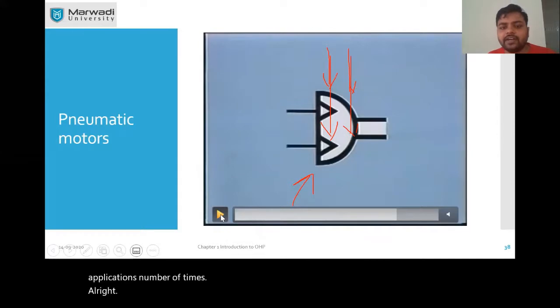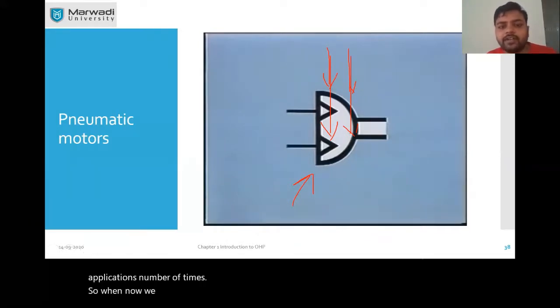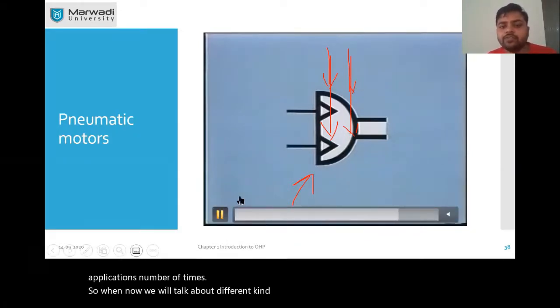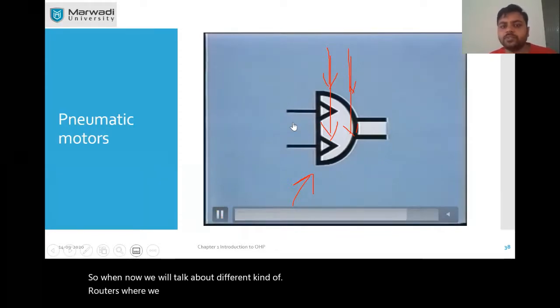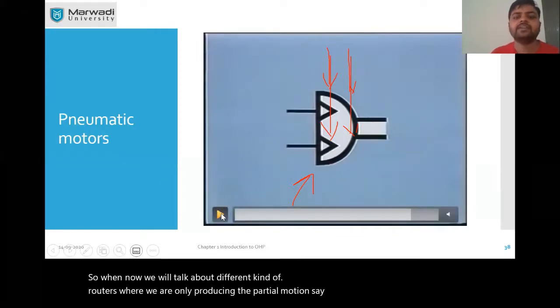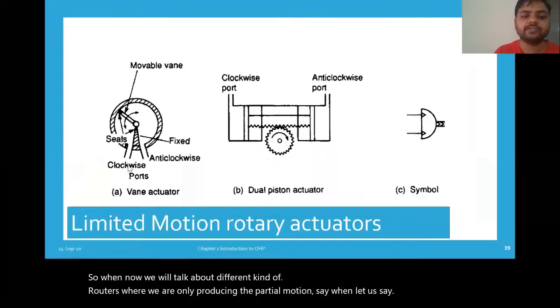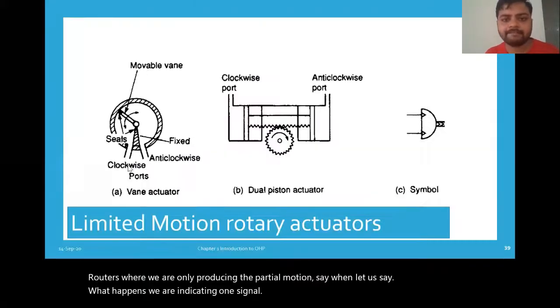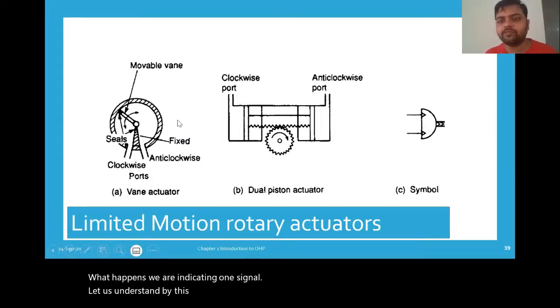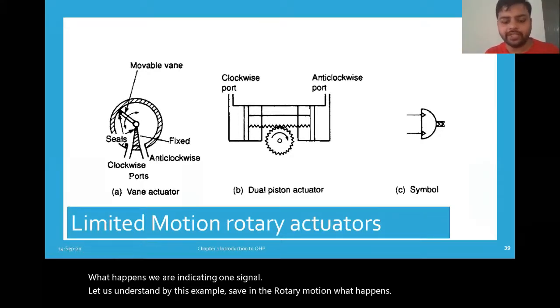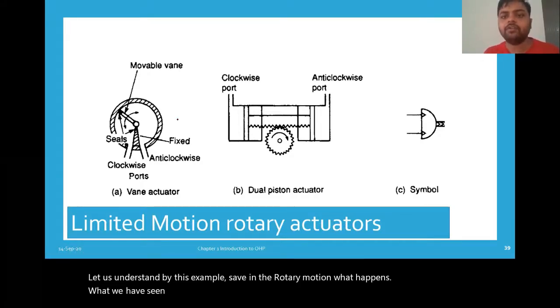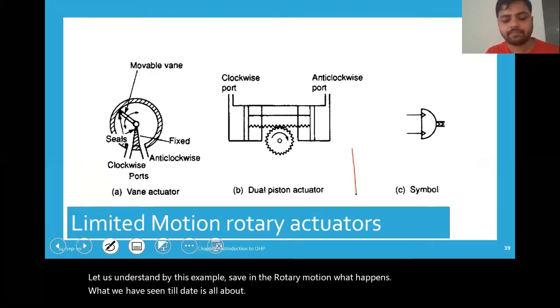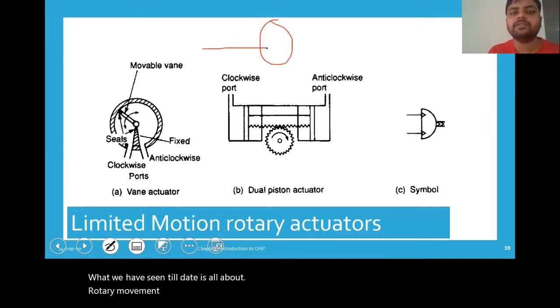Now we will talk about different kinds of rotors where we produce only partial motion. Let us understand by this example. In the rotary motion we have seen till date, a rotary movement is produced by expansion.